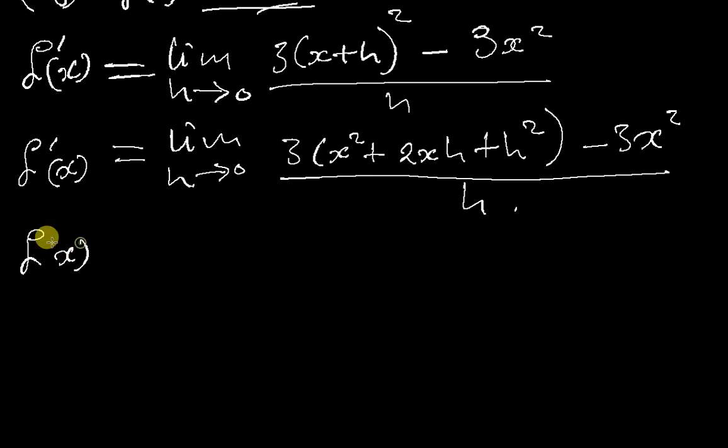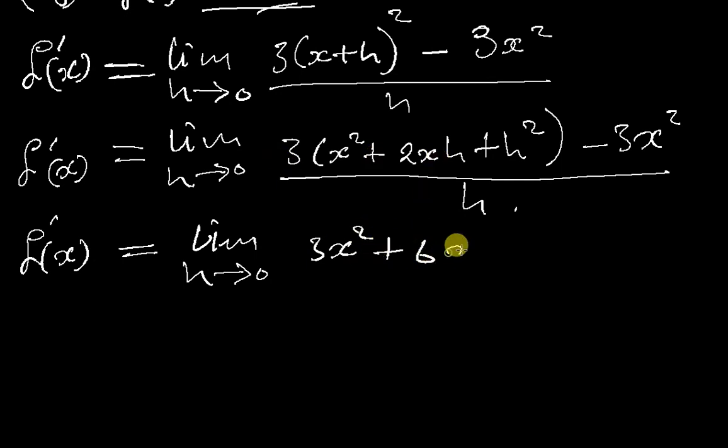So f prime of x is equal to the limit as h approaches 0, and we open the brackets. We have 3 times x squared, which gives us 3x squared. 3 times 2xh gives us 6xh. Then 3 times h squared gives us 3h squared.